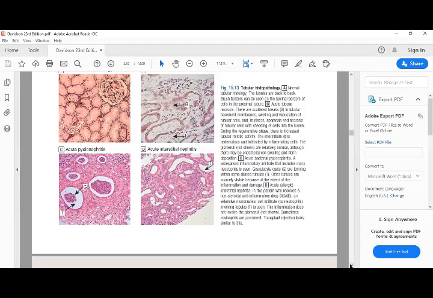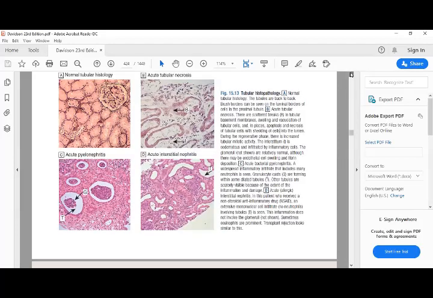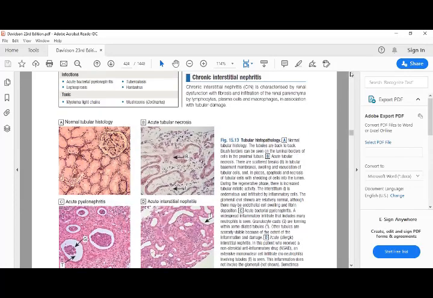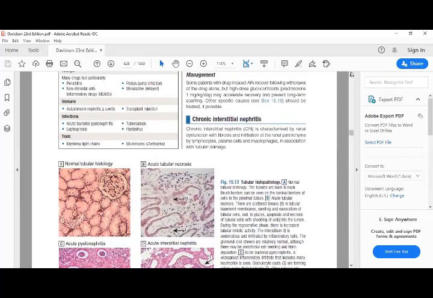Now, what is the management of acute interstitial nephritis? Treatment is withdrawal of the offending drugs, and high dose of glucocorticoids may accelerate recovery and prevent long-term scarring and damage to the kidney, such as prednisone 1 milligram per kg per day.